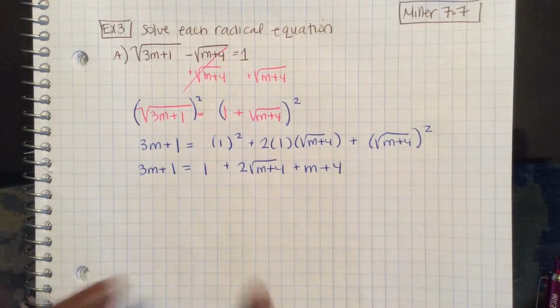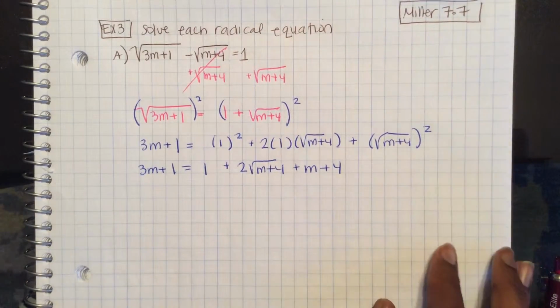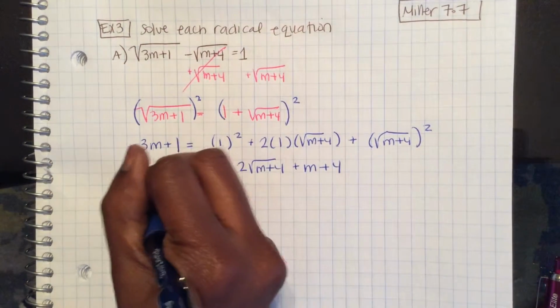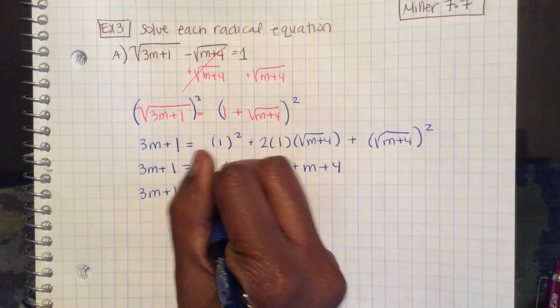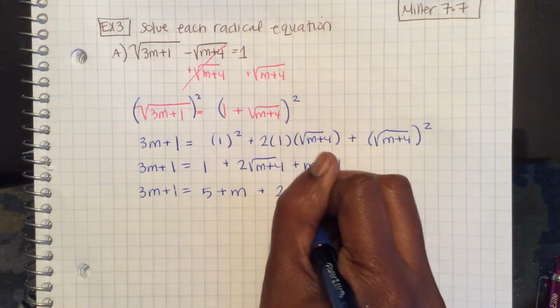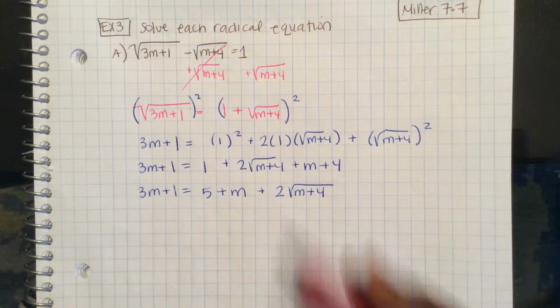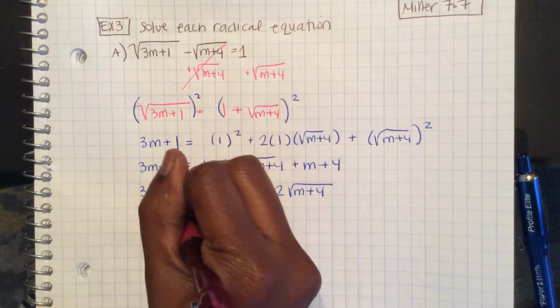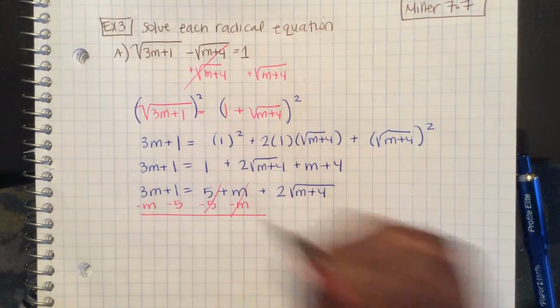So now I need to isolate this radical and square both sides. Let me combine some like terms first. 3m plus 1, 1 plus 4 is 5, plus m plus 2 square root m plus 4. So I'm going to subtract 5 and subtract m in this step to cancel.